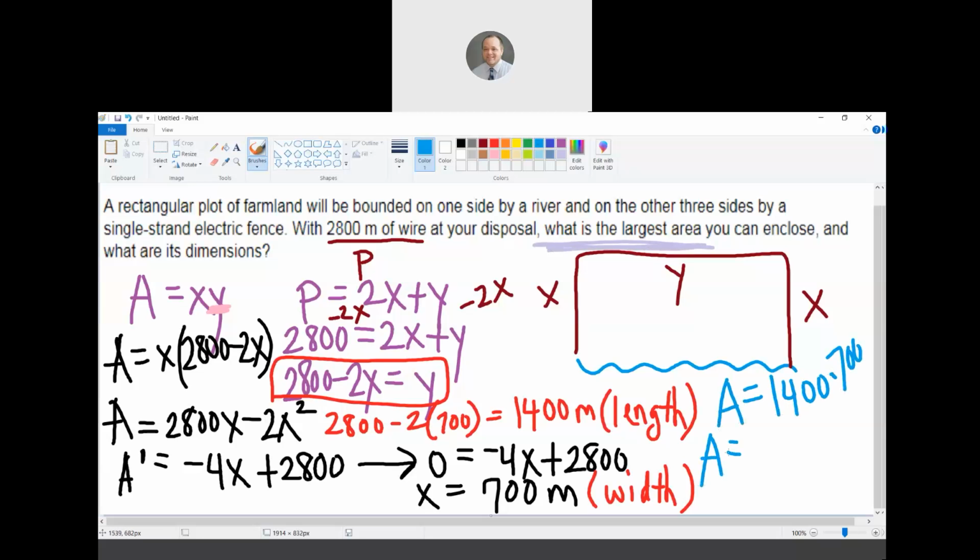So the largest area we can enclose is, let's see, 980,000 square meters. Are there any questions about this optimization problem?